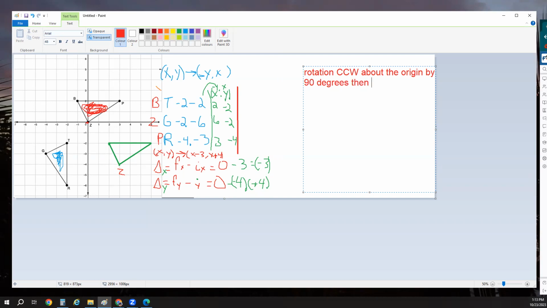Then translation of 3 units to the left, which is negative, and 4 units up, which is positive.